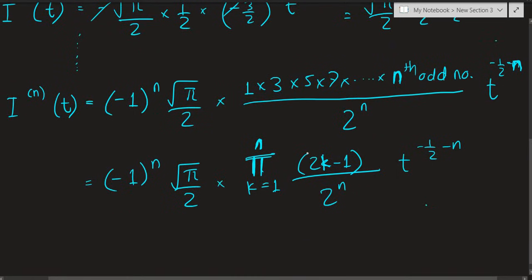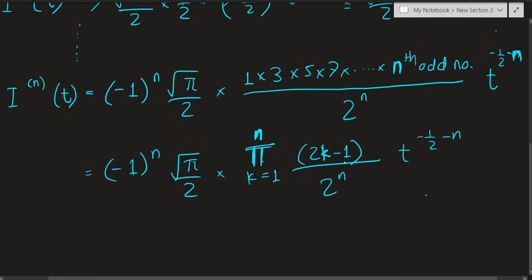So for an nth derivative this makes sense. The nth odd number is basically 2k minus 1, or basically 2n minus 1 in our case when k equals n. Fine. So now this is the nth derivative of I of t.